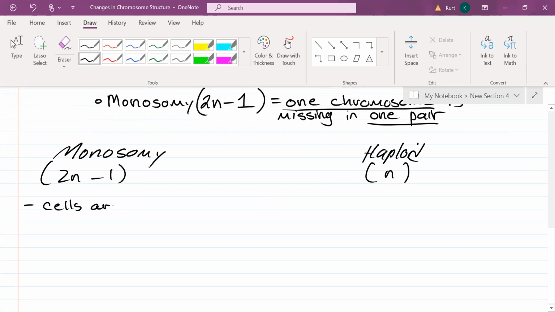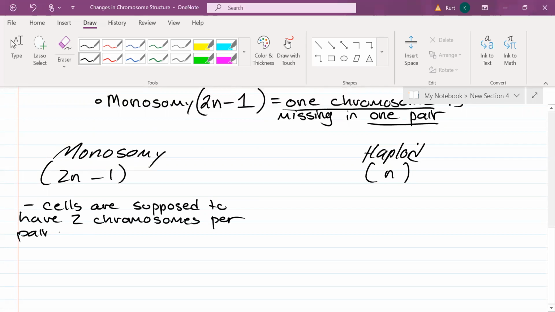Cells are supposed to have 2 chromosomes per pair, which is diploid, but 1 pair results in 1 chromosome.